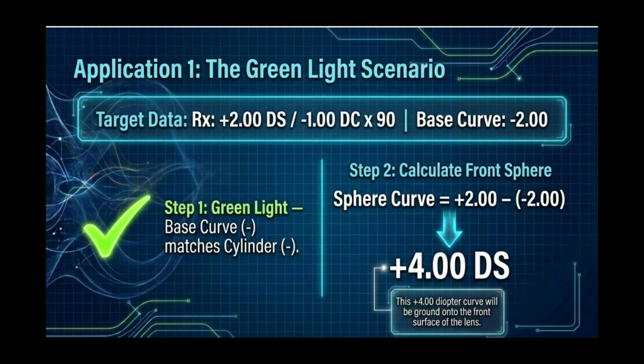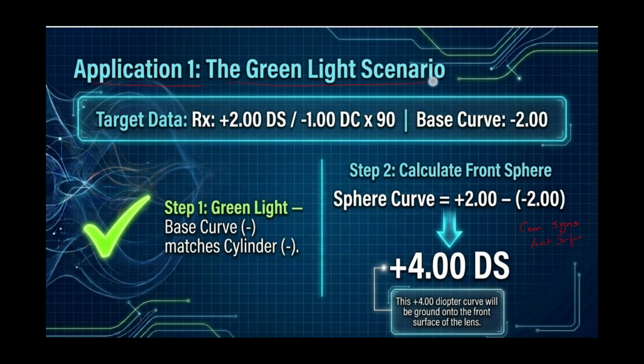So we have learnt that toric transposition involves step 1, which is comparing signs of the base curve and the prescription. Then we learnt how to find out the anterior surface power. Now let's put it into use. So what is our first scenario?